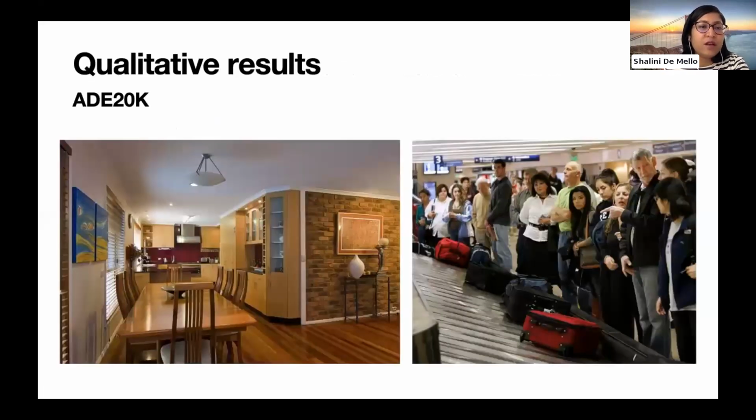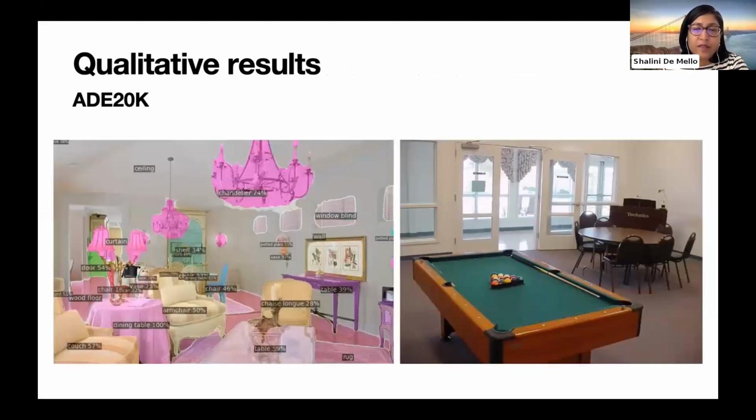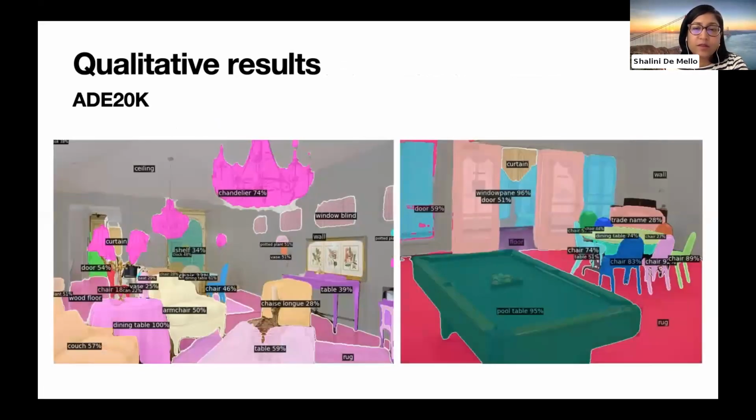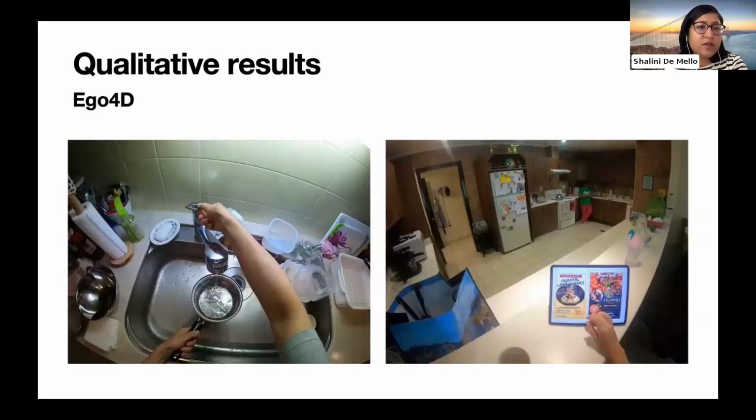Here are some qualitative results on the ADE20K dataset. And it did perform quite well on a large number of categories from this previously unseen dataset. And here are some more visual results. And we also show some more results on the Ego4D dataset, which is sort of from an ego perspective.